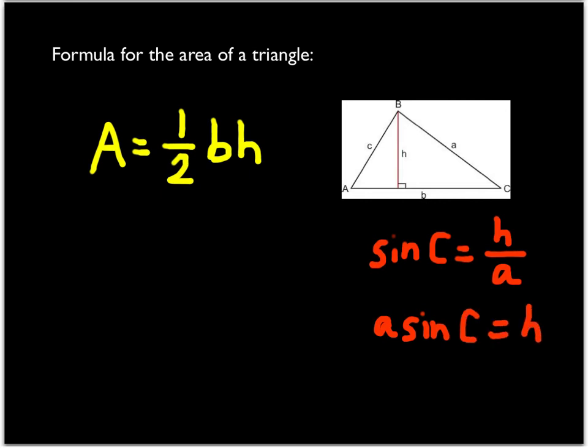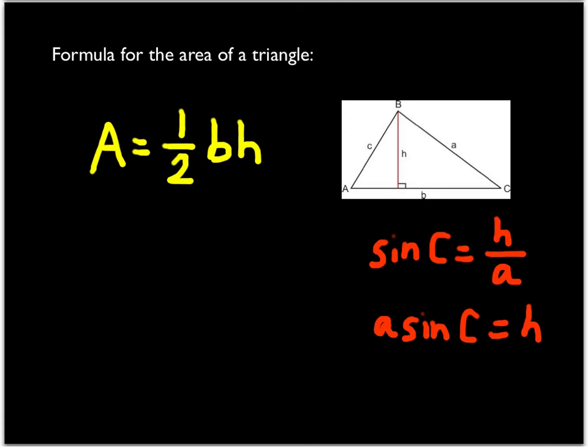Well, what if I made that substitution in my familiar area of a triangle formula? I'm going to put whatever h is equal to in place of this h. So I'm going to put this a sine C in place of this h.